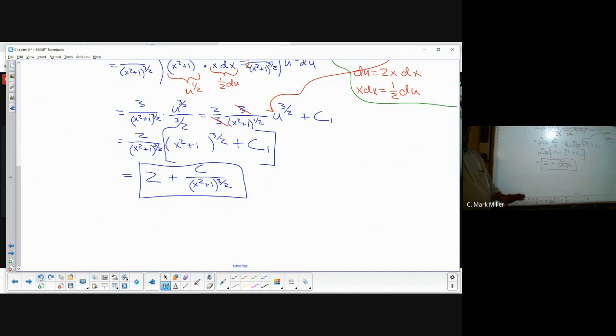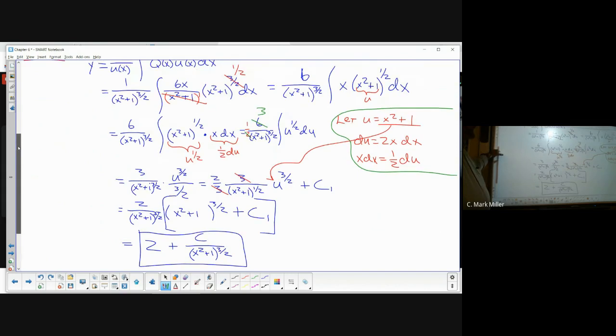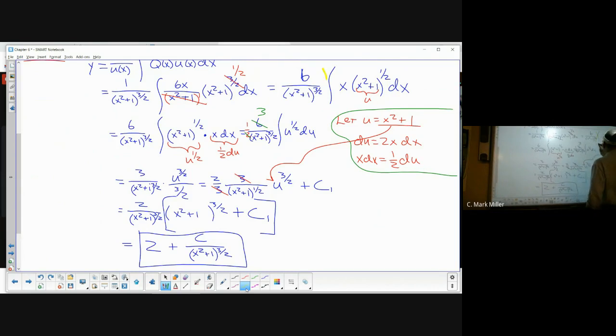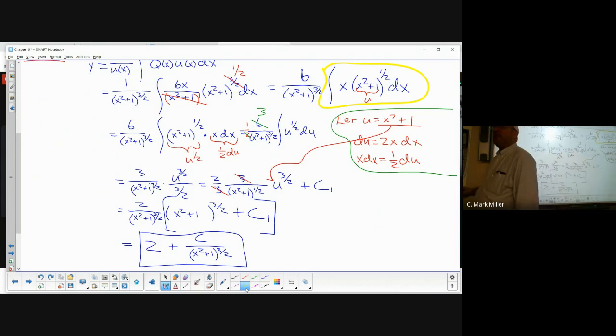I cannot underscore the importance of being able to integrate something like this, because this is a very straightforward u-substitution problem. And if you need review on that, at the end of chapter 4, I think it's section 4.5 or 4.6 is where you need to go for review.